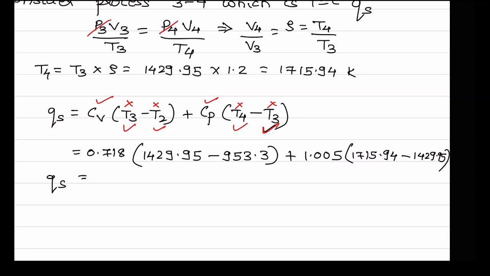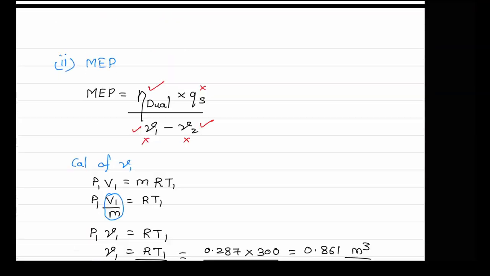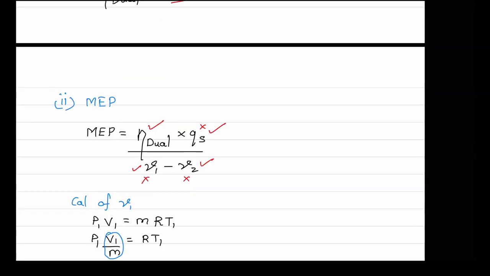So if I find the QS value, QS comes out to be 629.65 kilojoule per kg. Now, if you see the main equation, we are supposed to find the mean effective pressure. In the equation of mean effective pressure, the dual cycle efficiency is there, QS is there, V1 is there, V2 is there. Substitute all the values and we can get the answer.